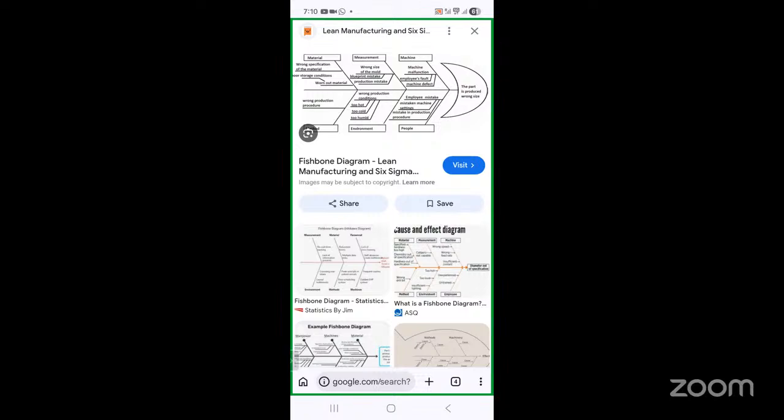Now, related to the measurement, suggest at least 3 factors or 3 causes. Incorrect thickness of the material. Material dimension not considered during lifting.